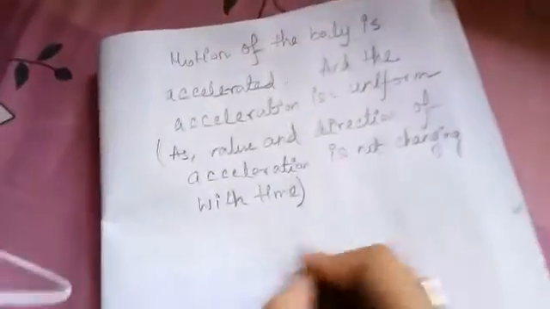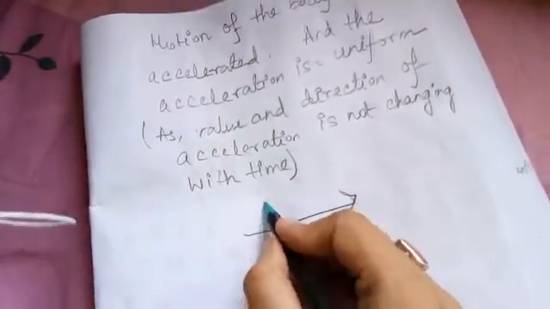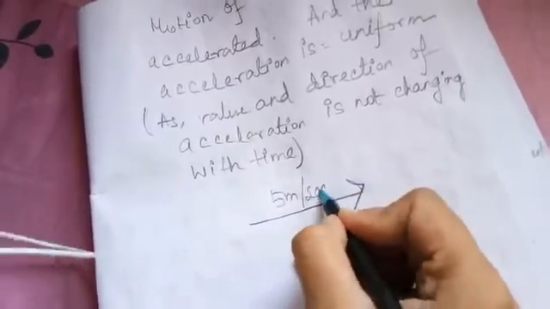Direction is from this side, and the value is every time 5 meters per second square.